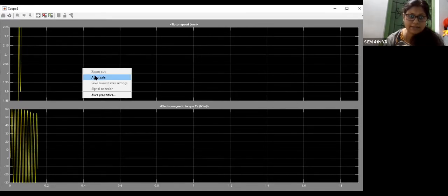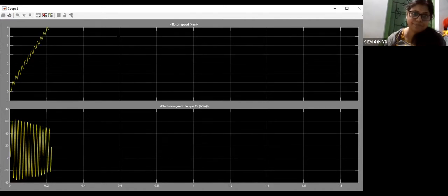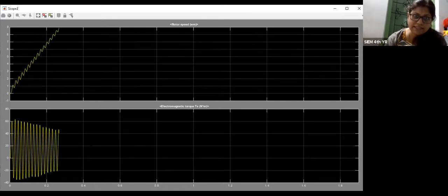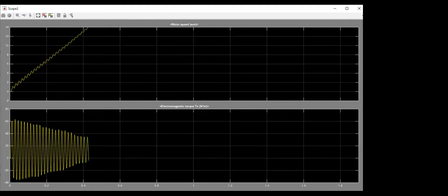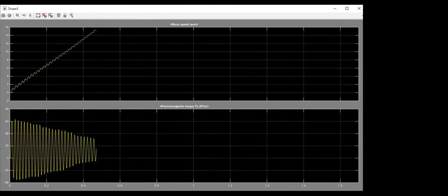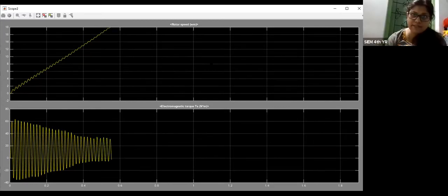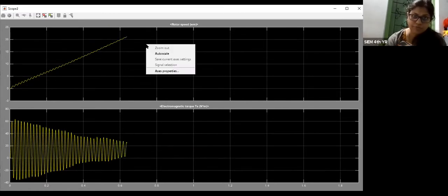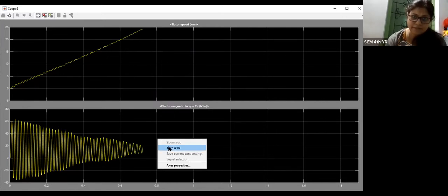So you can see the speed and the torque characteristics of the VSI fed induction motor drive. Is the output waveform visible? Yes, ma'am. This one is the rotor speed and this one is the electromagnetic torque of the induction motor. This is the starting time, the transient period.